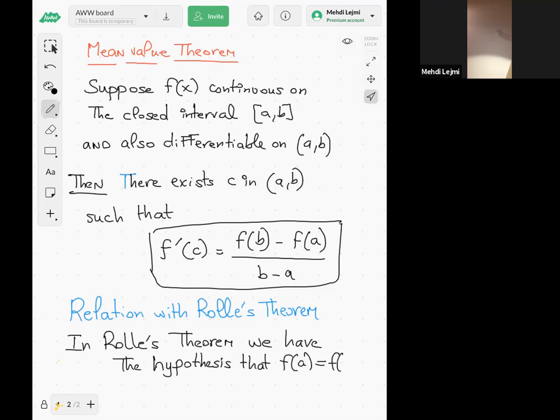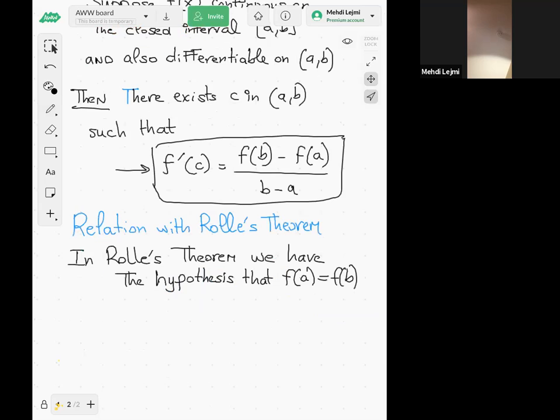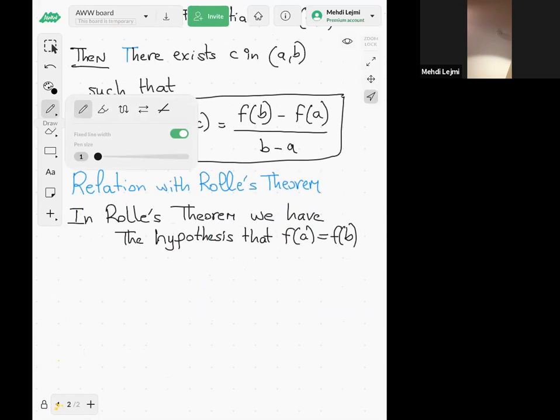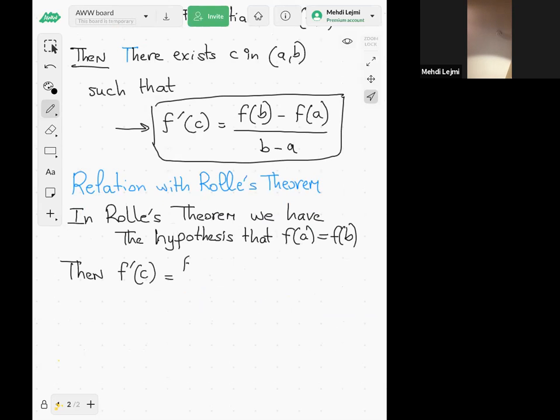So then if f of a is equal to f of b, you can see that f prime of c would be 0. Then f prime of c, which is supposed to be f of b minus f of a over b minus a, will be equal to 0, because f of a is equal to f of b, so that will be 0 over b minus a, which is equal to 0.